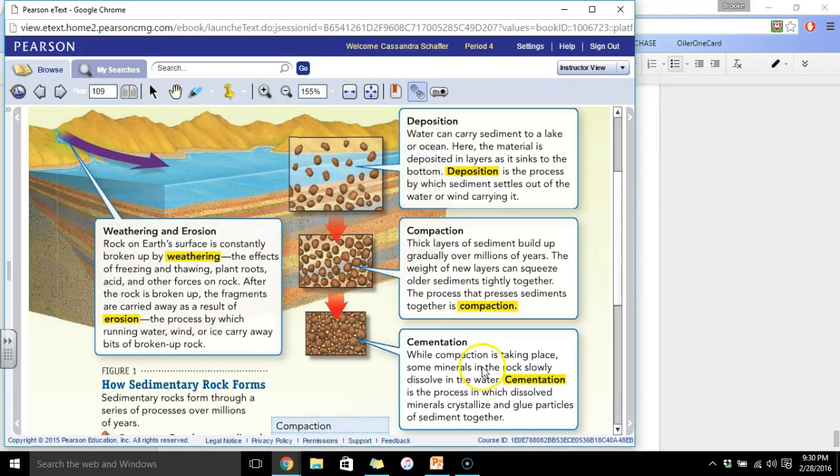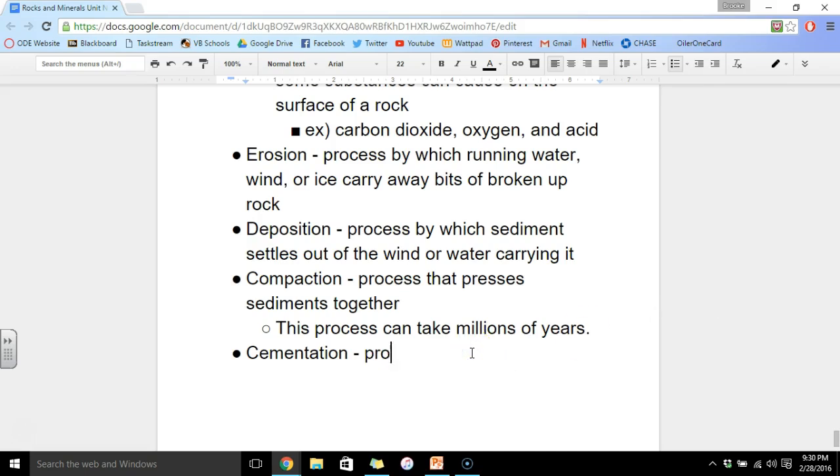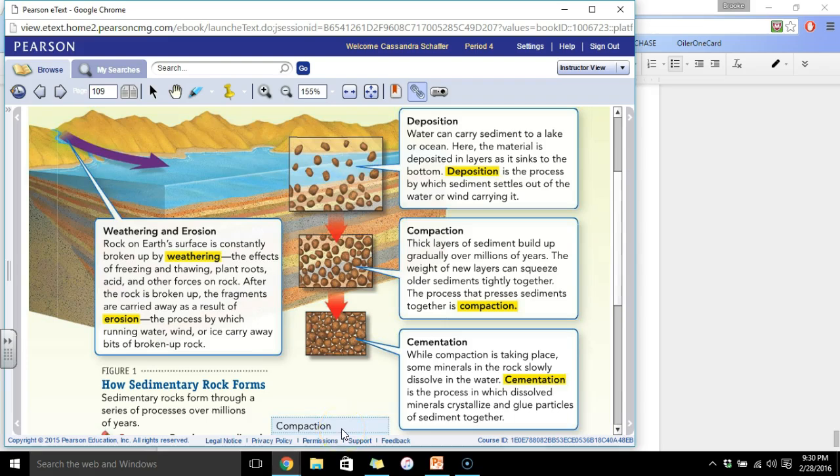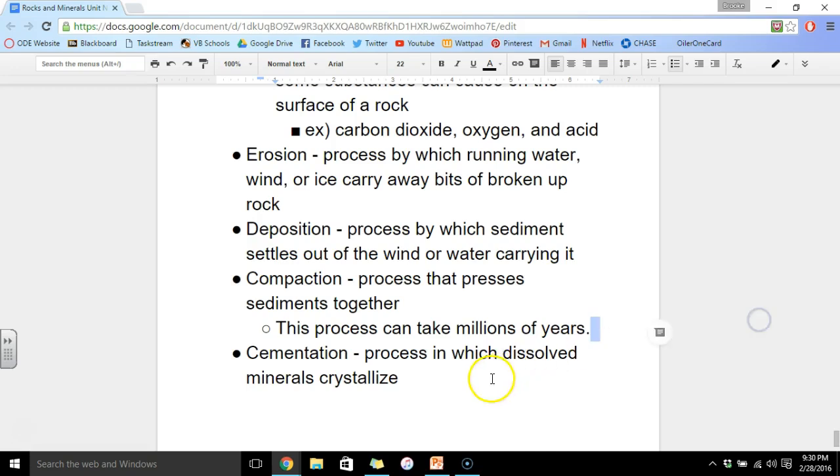Cementation: process in which dissolved minerals crystallize and glue particles of sediment together. So that's what cementation is.